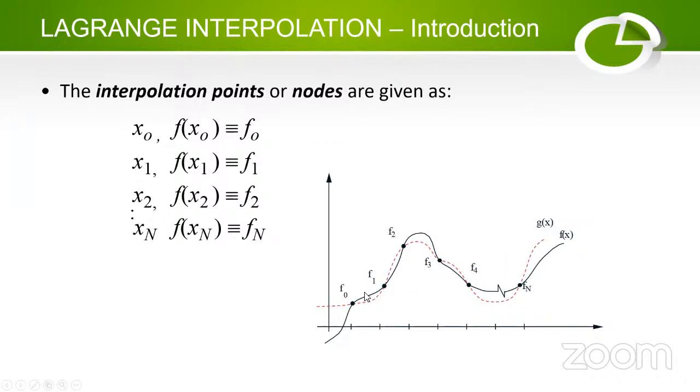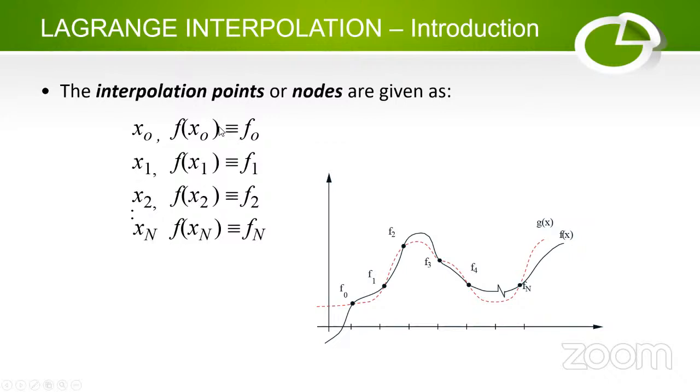If we also observe, we notice that it passes through all the n+1 data points that we know. So from here, we can see that the interpolation points or nodes are given as x0, then the output f of x0, x1, f of x1, x2, f of x2, all the way to xn and f of xn.